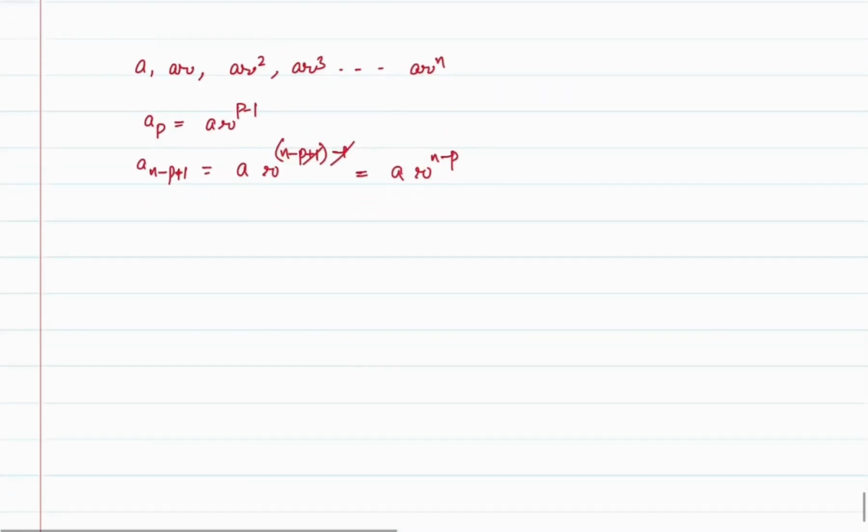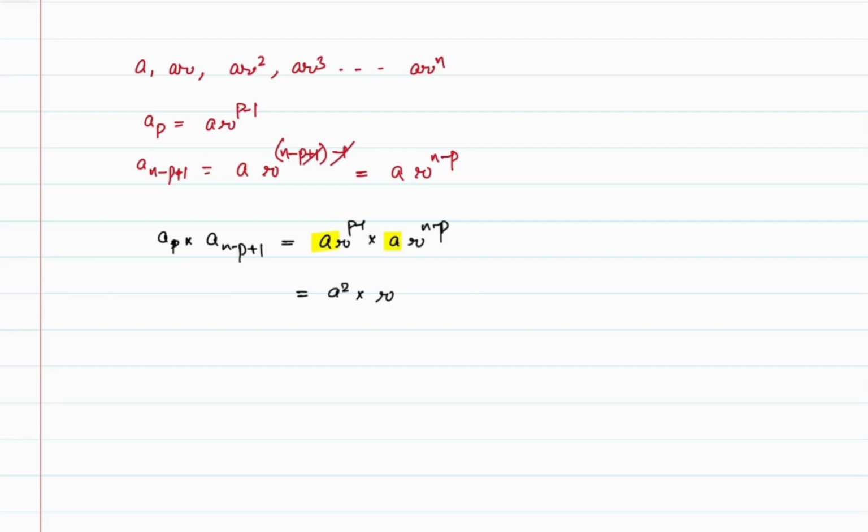Now when we take the product of these two, it will be AP into AN minus P plus 1, that will be equal to A into R power P minus 1 into A into R power N minus P. So this will become A into A is A square into R power.